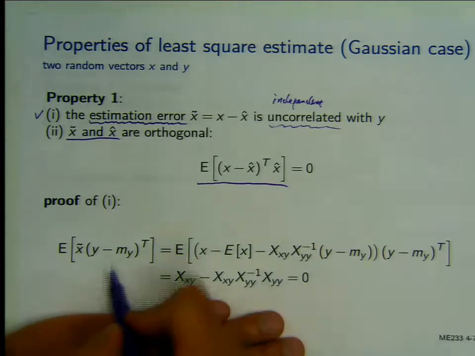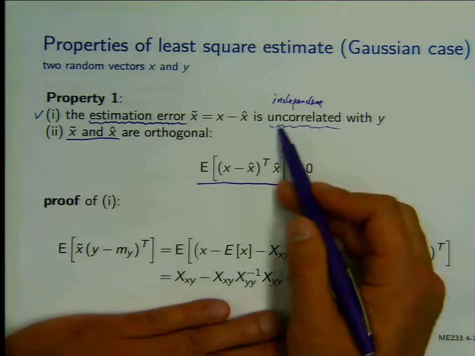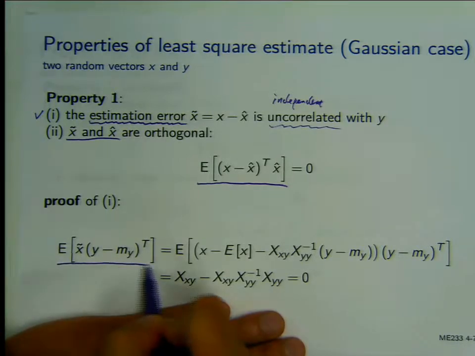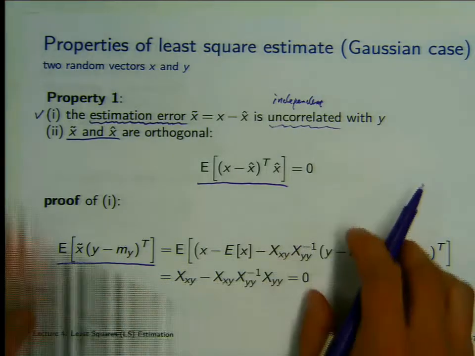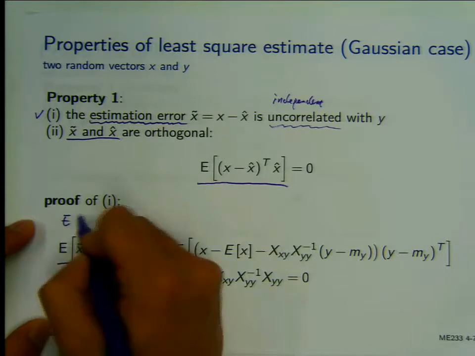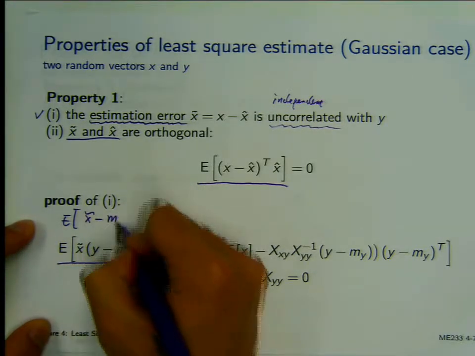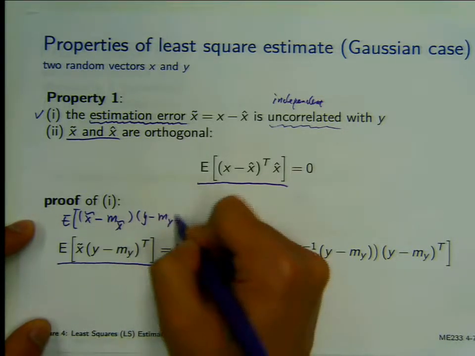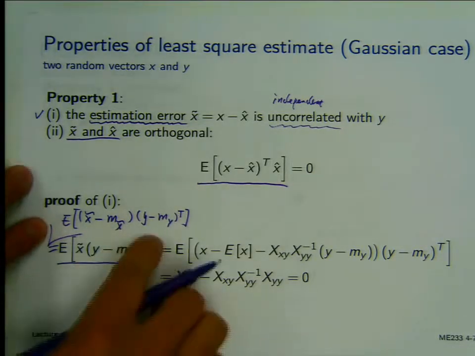Just use definitions. All these proofs are just using simple definitions. If I want to show this is uncorrelated with y, I just check the cross covariance between this and y. I'm actually skipping one step here. More rigorously, I should have written this first.